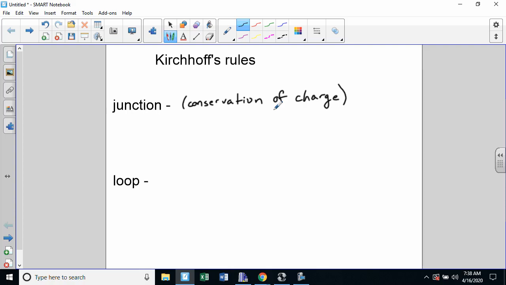Okay, so for Kirchhoff's junction rule, due to the conservation of charge, it says that at any junction, the current coming into the junction has to equal the current coming out of the junction.